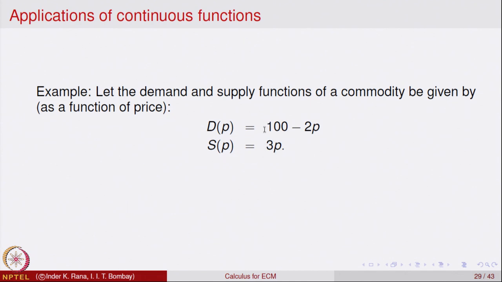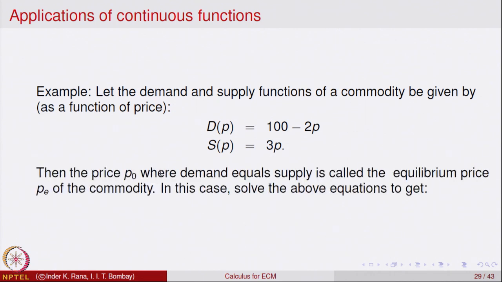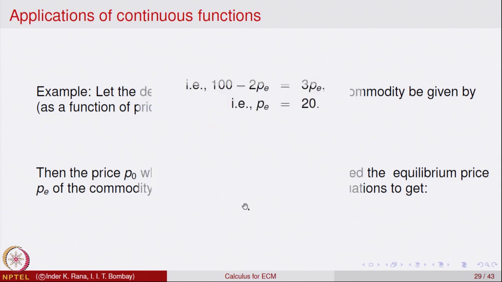So, essentially this is a system of two linear equations in two variables, and one can find the price where demand will be equal to supply. That is what is called the equilibrium price. The price p0 where demand equals the supply is called the equilibrium price, and that value is called PE of the commodity. If we want to solve these equations, we can put the value of P from one equation into the other and solve.